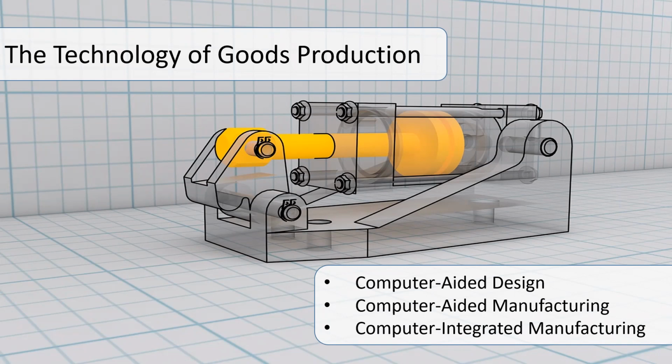Also, a good part of CAD is that the designs can then be used in the next stage, working with other organizations, so the manufacturer, distributor, and the retailer can all contribute.